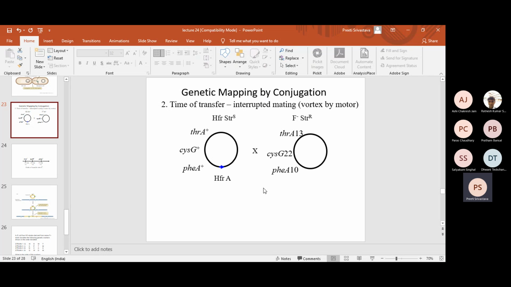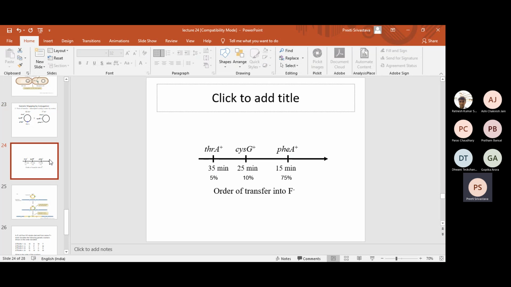The blue arrow shown over here is showing the origin of transfer. That means the origin of transfer is the place from where the transfer will take place. The markers will start moving, and ultimately you see this figure. The order of transfer will be phenylalanine, cysteine and threonine.